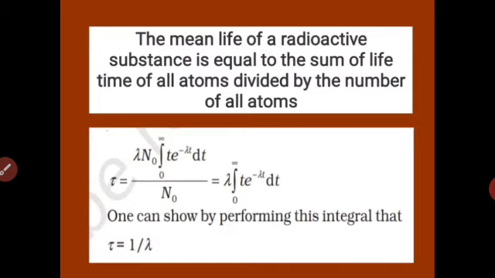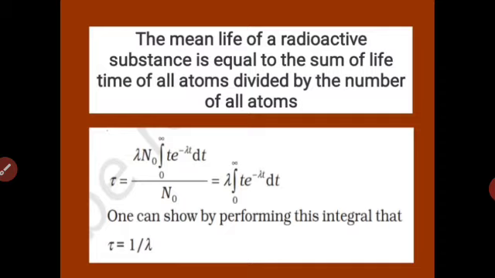The mean life of a radioactive substance is equal to the sum of lifetimes of all the atoms divided by the number of all atoms. So mathematically, tau is equal to lambda N naught integration of t e raised to power minus lambda t dt. Now why have we taken integration?